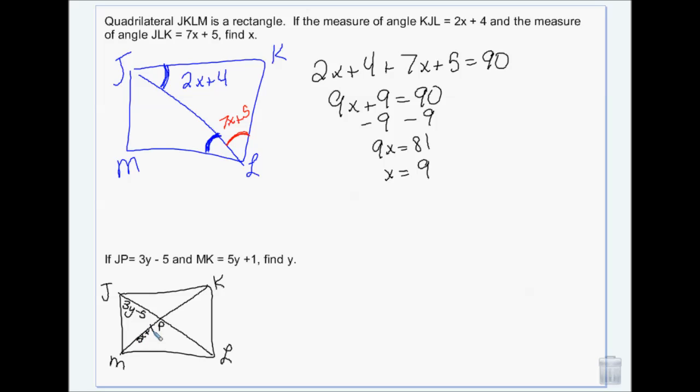Sorry, that's the whole length. This whole length is 5y plus 1. I want to know what y equals. Here's 3y minus 5, and then this whole thing is 5y plus 1. Not written very well, sorry.